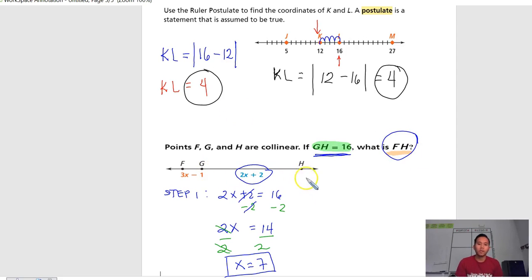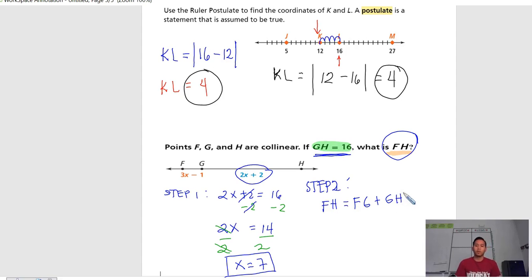All right, so step 2. There are two ways that you can solve for this. Step 2 is FH. FH is equal to the sum of FG plus GH.